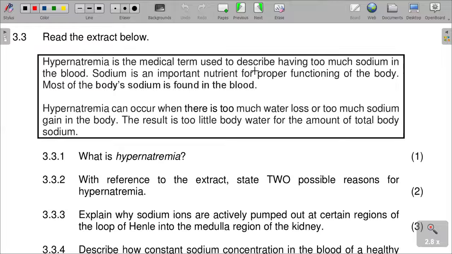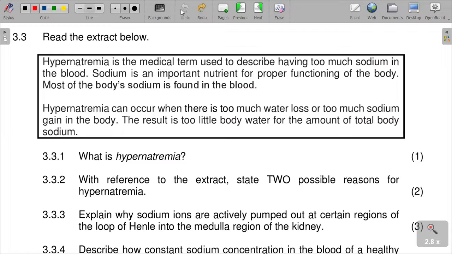Most of the body sodium is found in the blood. Hypernatremia can occur when there is too much water loss or too much sodium gain in the body. The result is too little body water for the amount of total sodium. What is this condition?